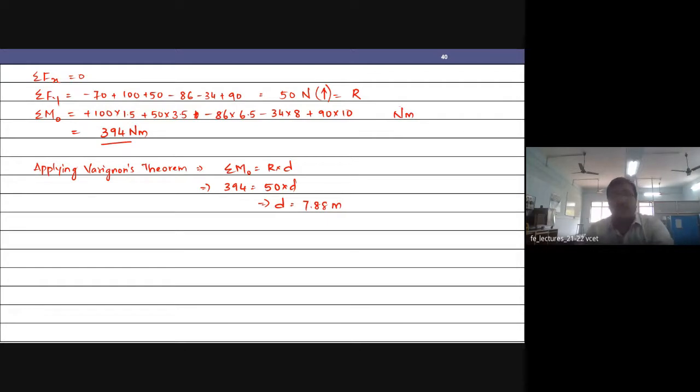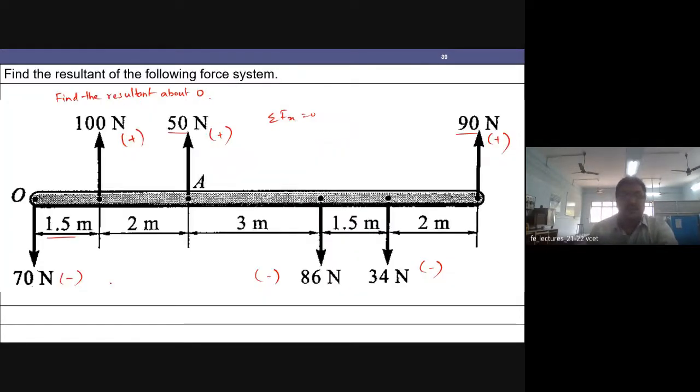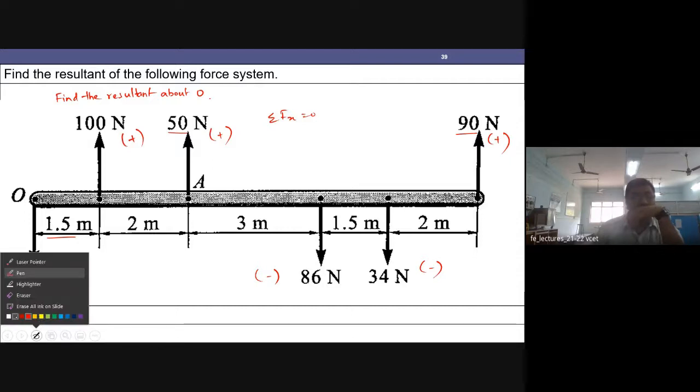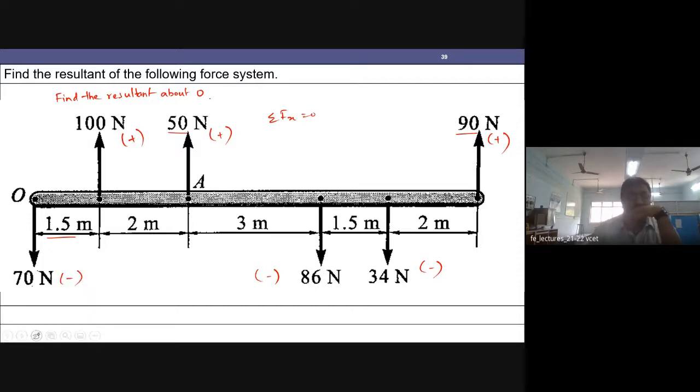So now let us mark that. Until here it was 6.55, here it is 7.88 meters, right? To mark my resultant here, I'll use the highlighter. So I have 7.88 meters.